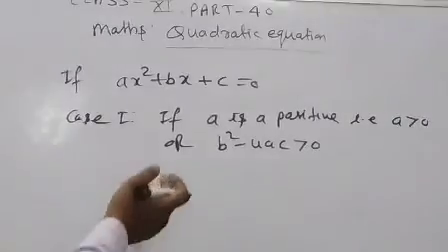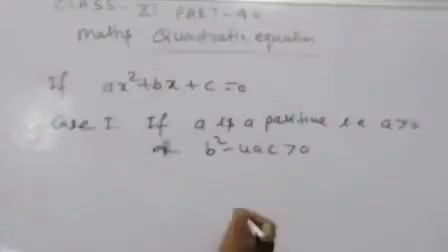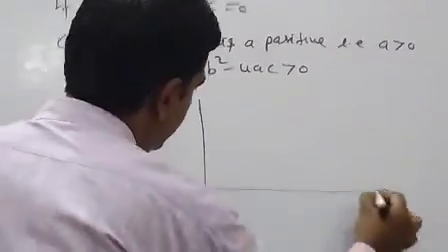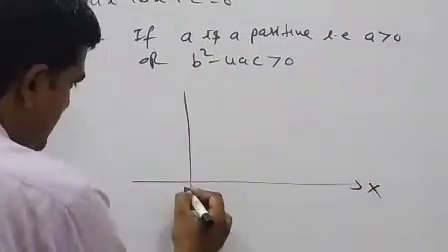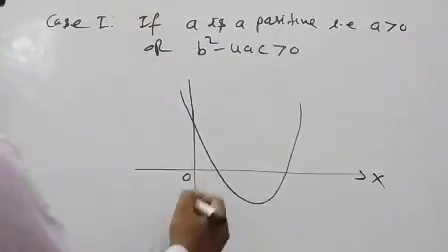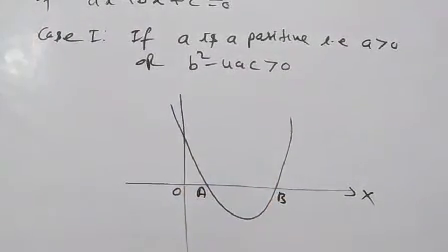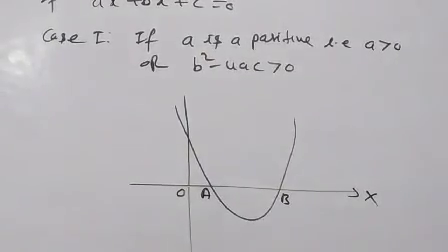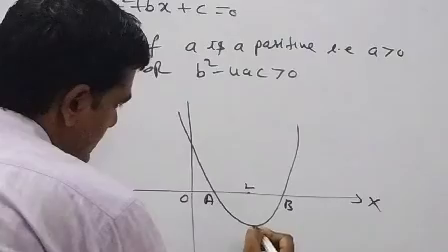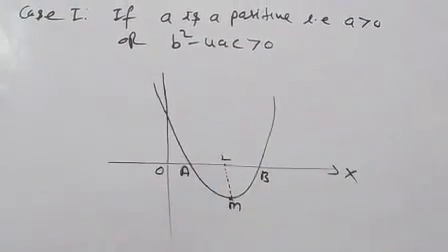Clear? Then how can we draw the diagram here? I am going to give the condition here. X, O. Clear? Suppose here O, here A, here B. Clear? O, A and B are given, and L and M. Understood?